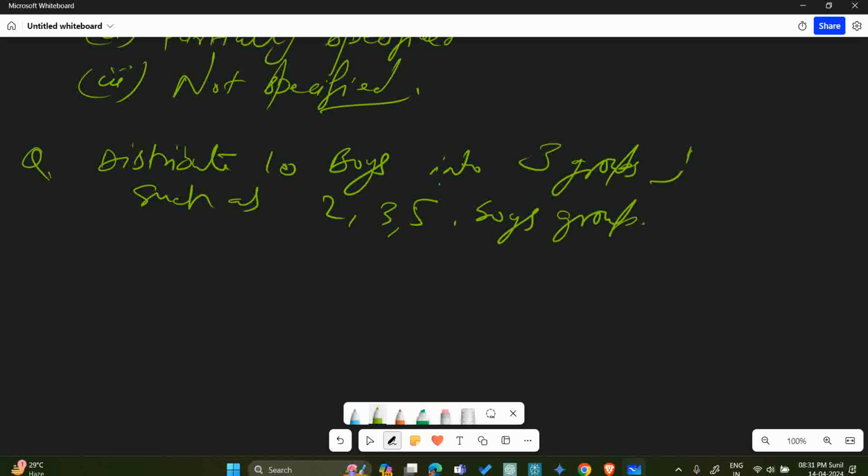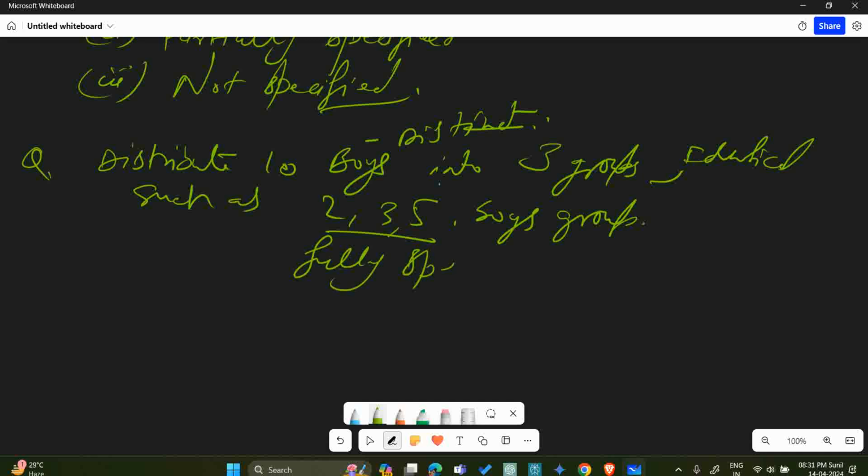So the groups are identical and the boys are distinct. This is unordered distribution, and fully specified also. How can we do this?